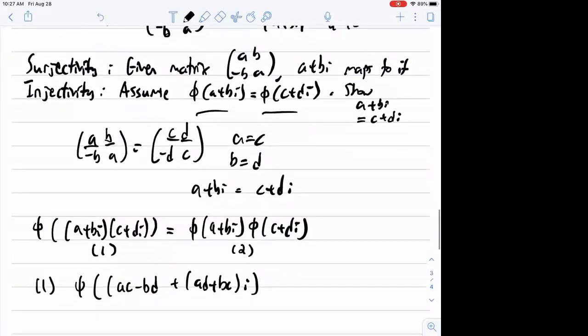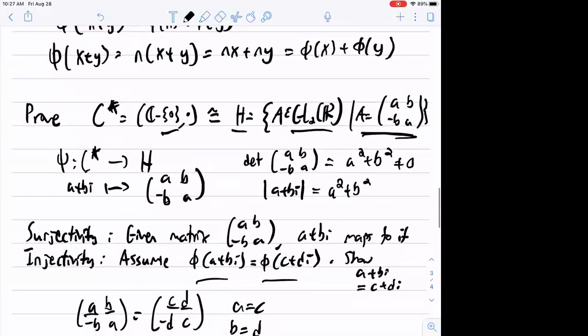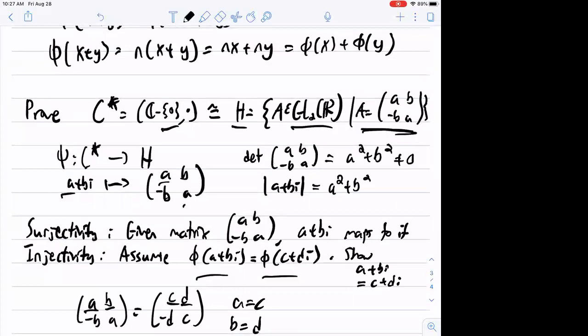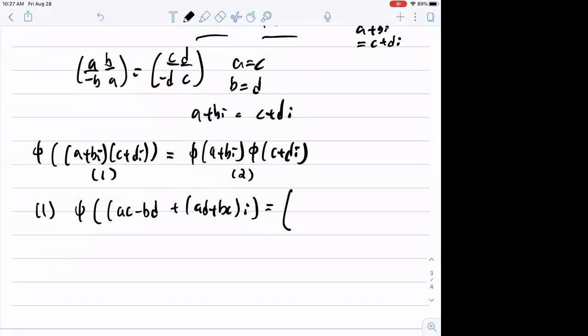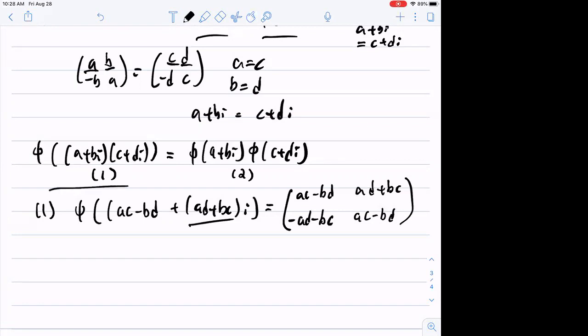So we know where this gets sent: the real part gets sent to the top left and bottom right, and the imaginary part, ad plus bc, goes in the other entries, with the negative of that below. So this is the left-hand side.